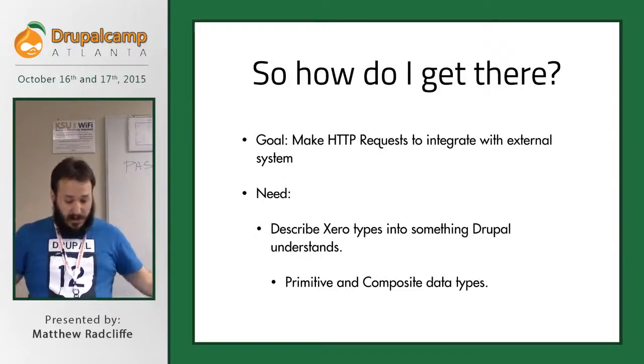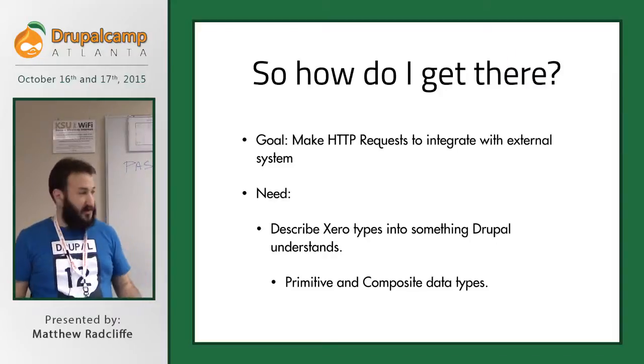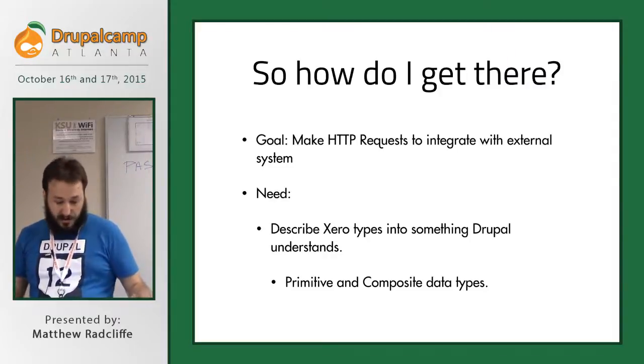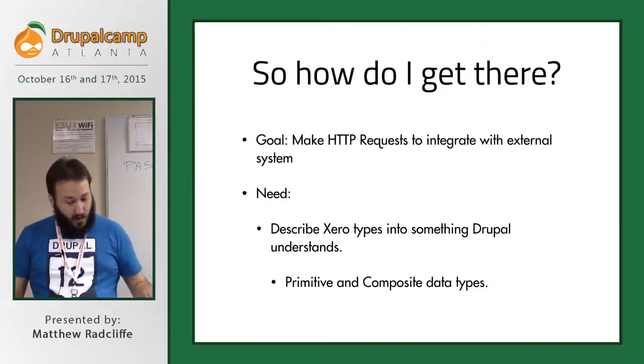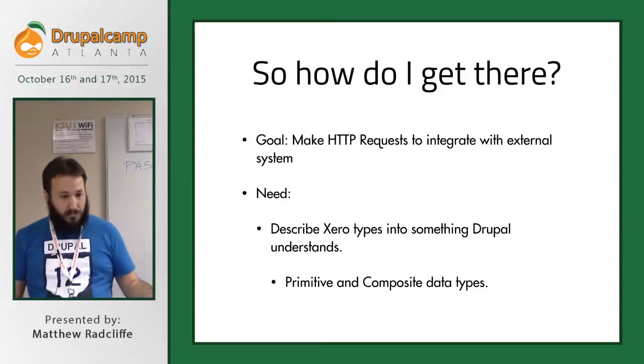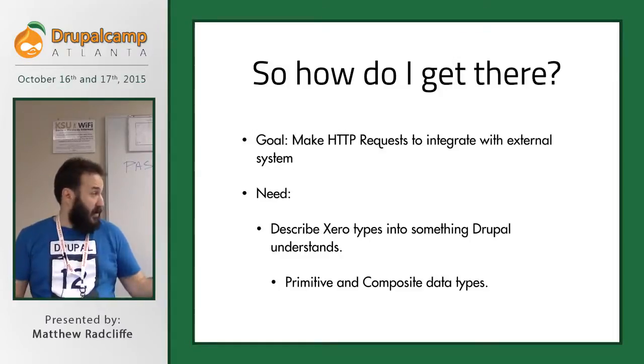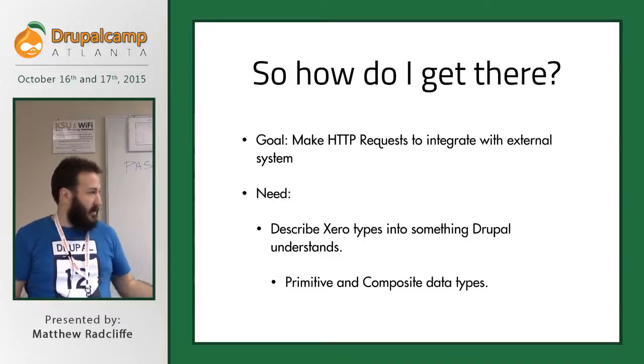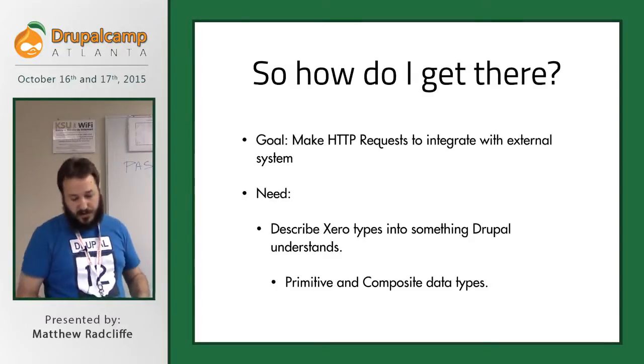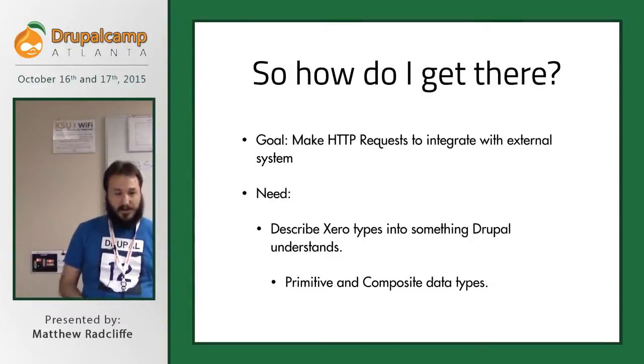My goal is to make HTTP requests to integrate with external systems. So I need two things. I need a way of describing my data in a way Drupal understands, in both primitive and composite data types.